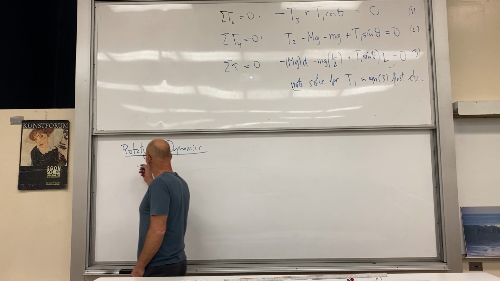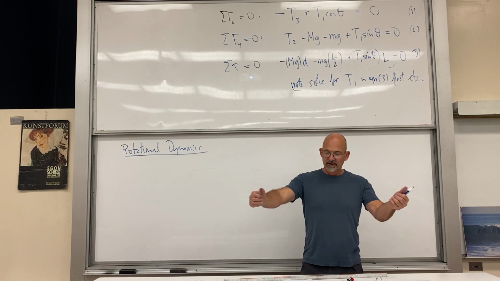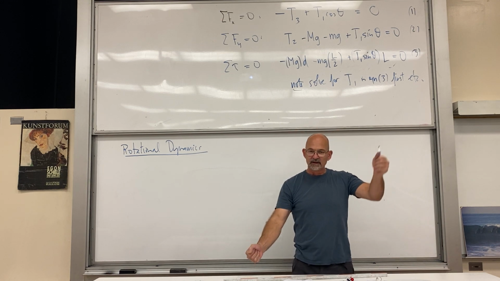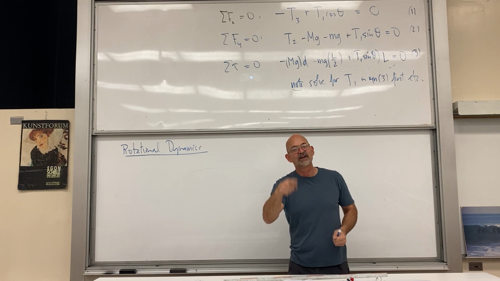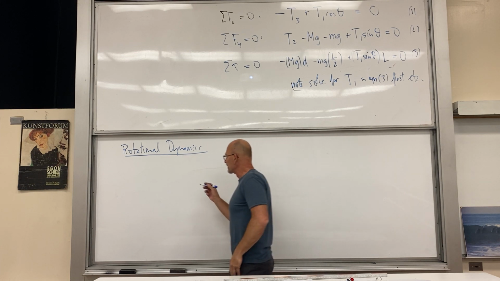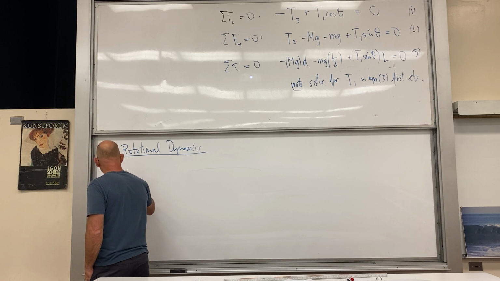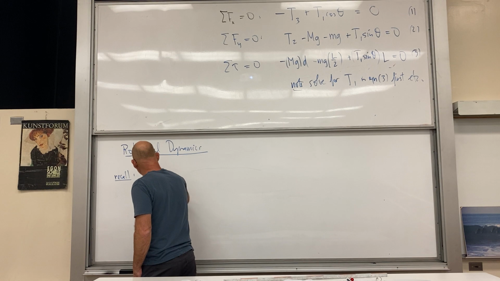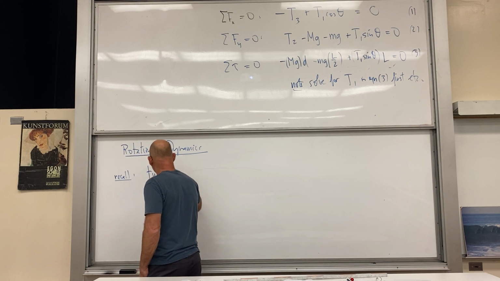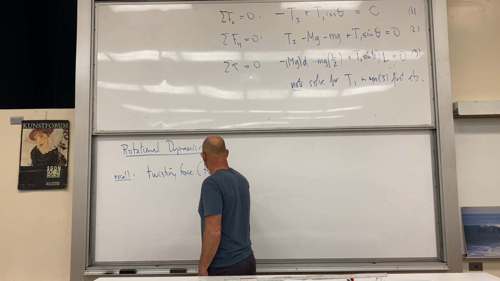So let's just go ahead. I didn't bring any demonstrations in, so I'll just remind you, if we take a wheel and twist it and turn it, we have to exert a torque on it, a twisting force, and then we can get it spinning. Okay. So I'll just put this as a recall. Twisting force, which is just torque.